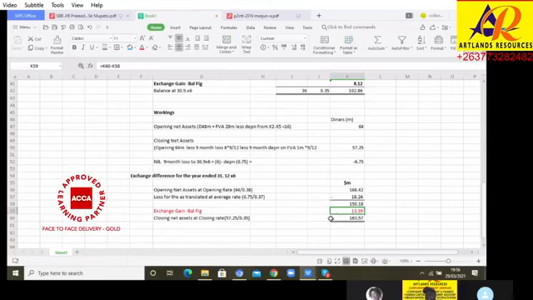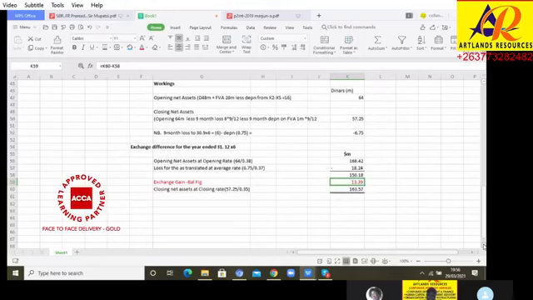Now, any resultant exchange gain or loss is then apportioned between NCI and the parent in the consolidated statement of financial position, and it is recognized in other comprehensive income. So the exchange gain for the current year only is recognized. Exchange differences for the previous years have already been recognized in those previous years.